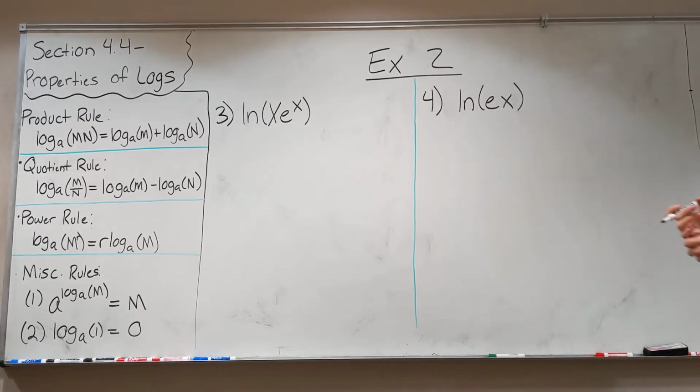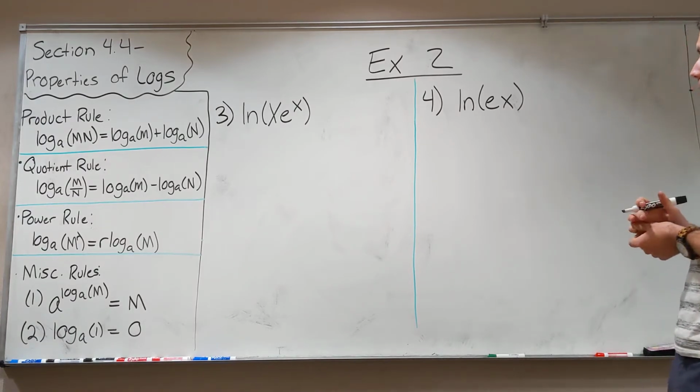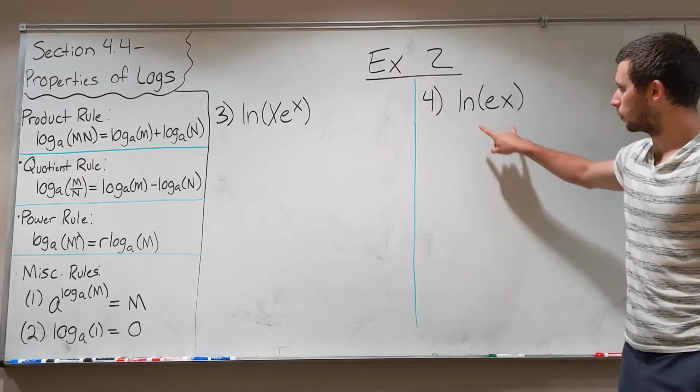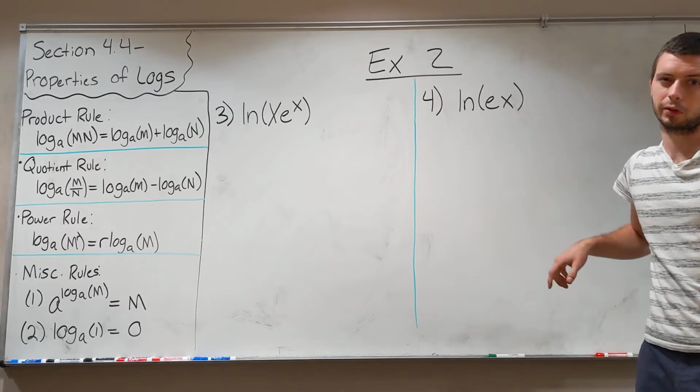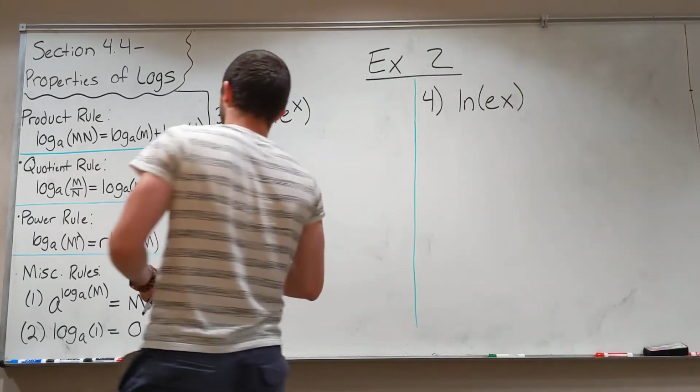So for the next two, we have two natural log based problems, and even though they look similar, there's actually more complexity to problem 4 than you think. So let's go ahead and look at problem 3 to compare where this complexity may lie.